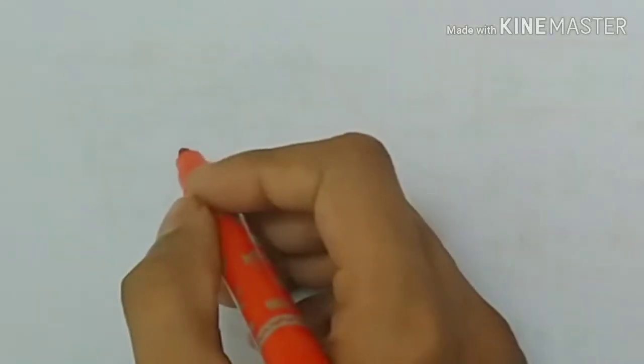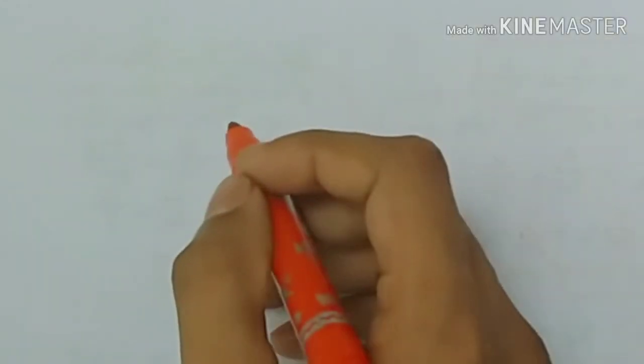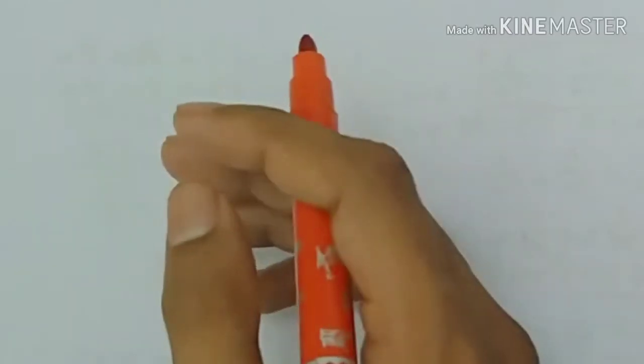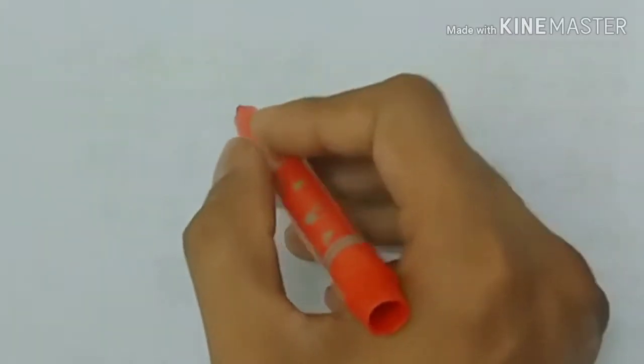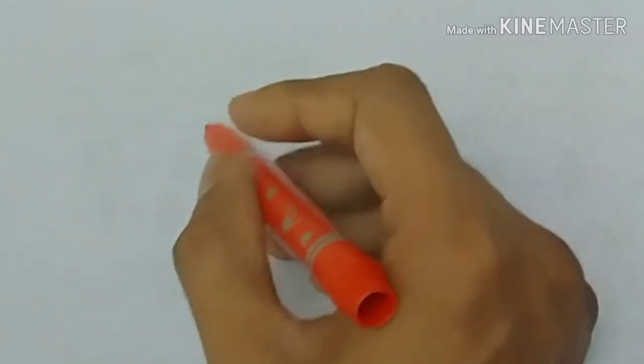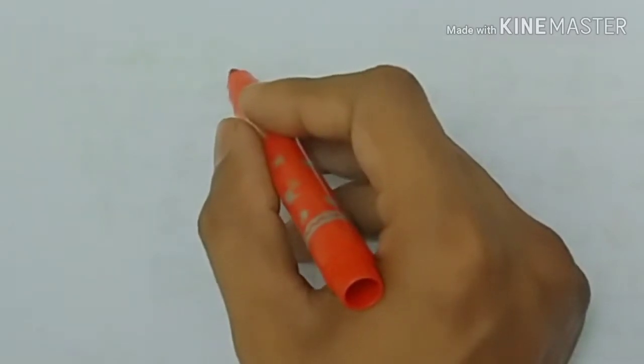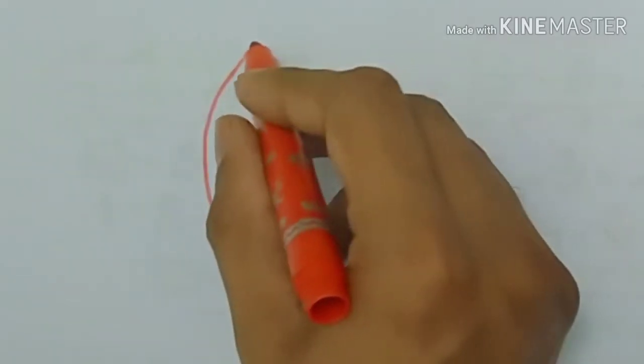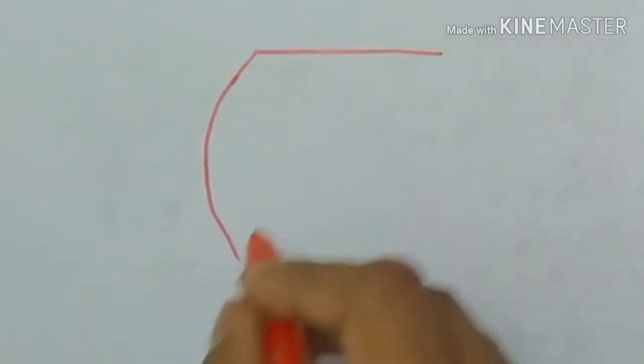Refraction through a curved surface, if the object is in the rarer medium and the image formed is virtual. That is, we have a convex curved surface over here.